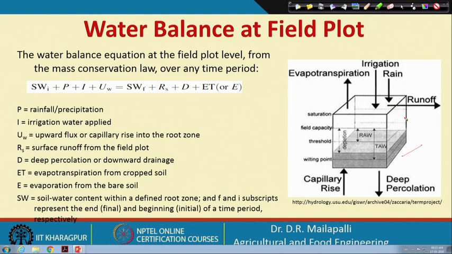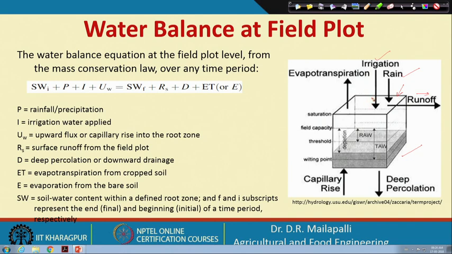This is the surface and below that is the subsurface. The water inputs are either irrigation or rainfall or both. The outputs are runoff from the element or evapotranspiration.